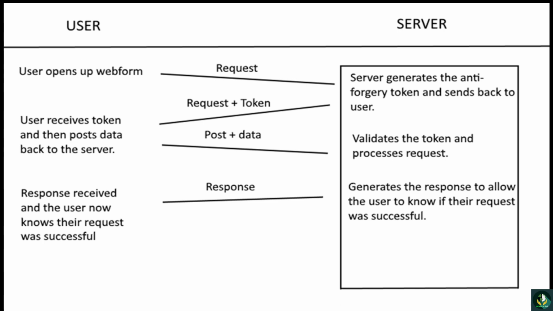User to server: the user opens up a web form, the user receives a token, the response is received, and the user now knows the request was successful. The server generates the anti-forgery token and sends it back to the user, validates the token, and generates the response to allow. So this is how it works and the life cycle of the anti-forgery token.